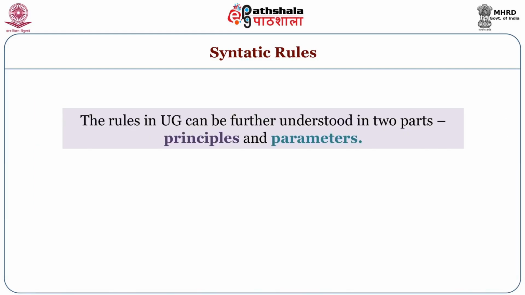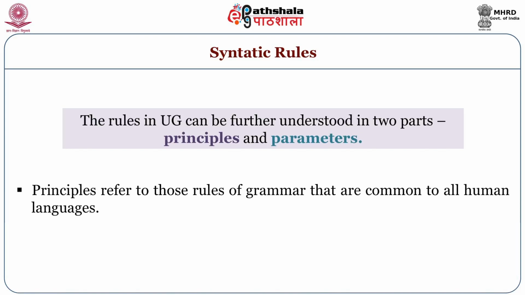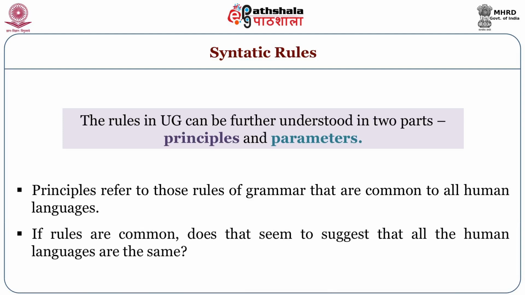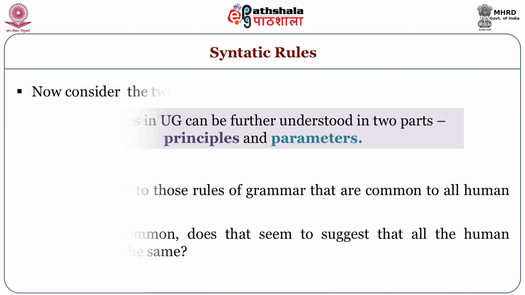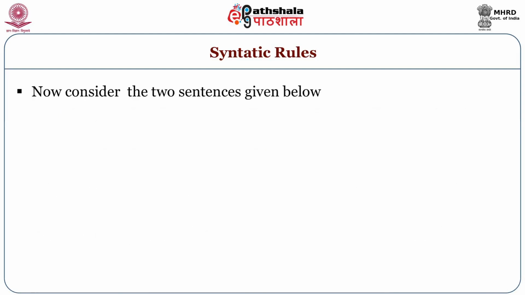The rules in UG can be further understood in two parts: principles and parameters. Principles refer to those rules of grammar that are common to all human languages. If rules are common, does that seem to suggest that all the human languages are the same? We see, for instance, that all human languages have a subject and a verb in a sentence. Raju sings.